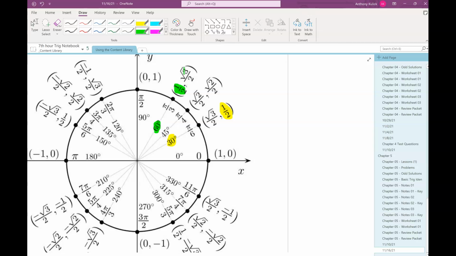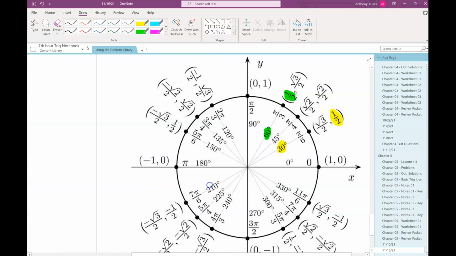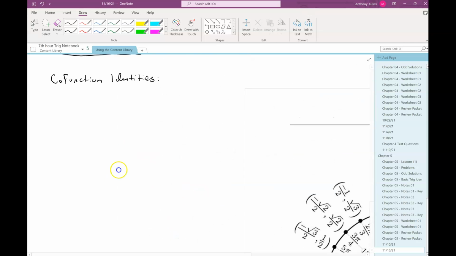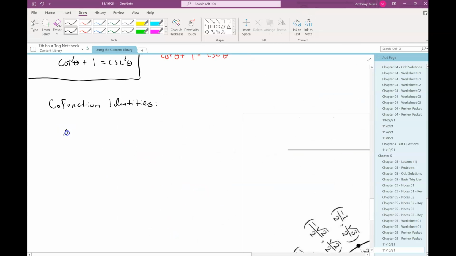So what we're seeing is that if I take sine of an angle and cosine of the complement of that angle, they're equal. Right? That's what these next cofunction identities are going to be describing. So sine of a complement is equal to cosine of that angle, and the vice versa is true.